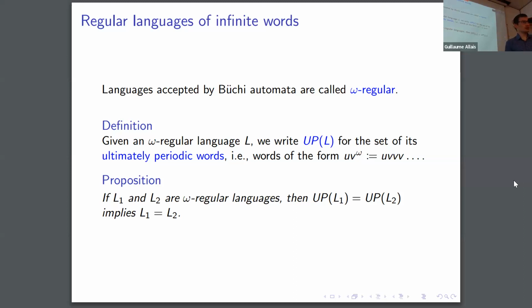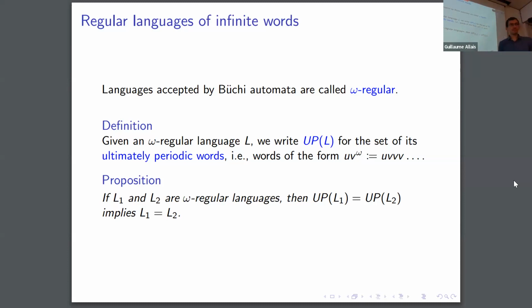For some omega regular L, we have this ultimately periodic fragment of L, which is just all the ultimately periodic words that are in L. And by ultimately periodic, this means a word of the form u v to the omega, which is just a notation for u, v, v, v, v, and so on, repeating v infinitely.